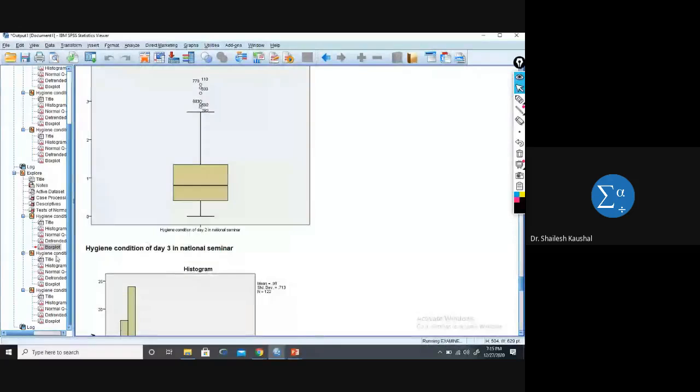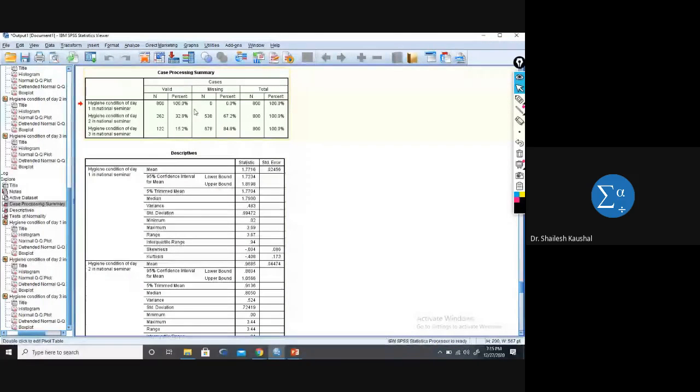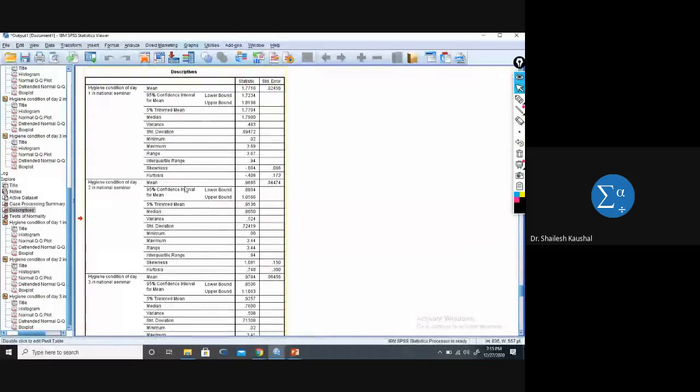After OK, now we can see my descriptive statistics. Through descriptive statistics we find the values of skewness and kurtosis. So what is the value here? The skewness value is minus 0.004 and the kurtosis value is minus 0.408.